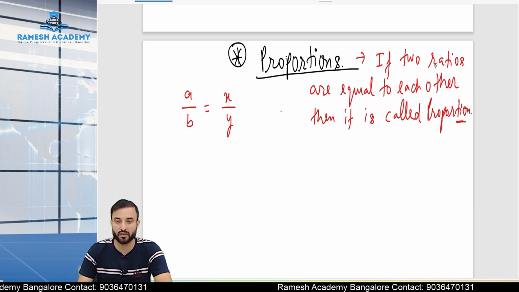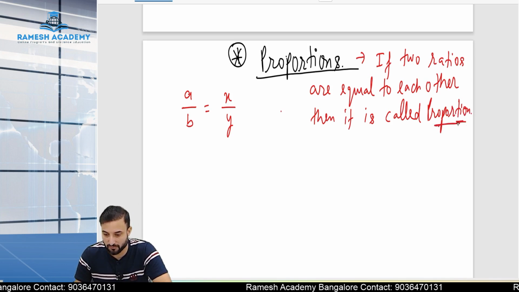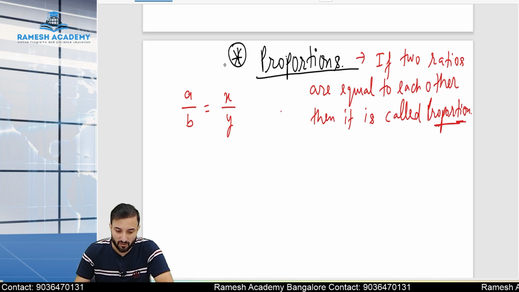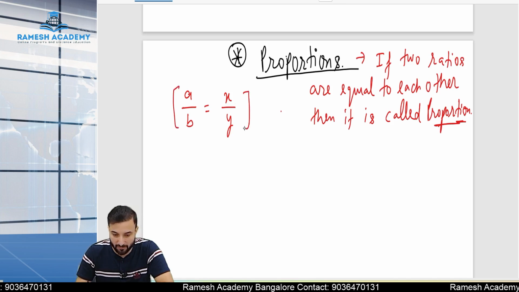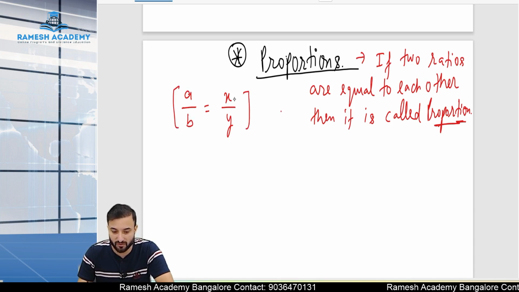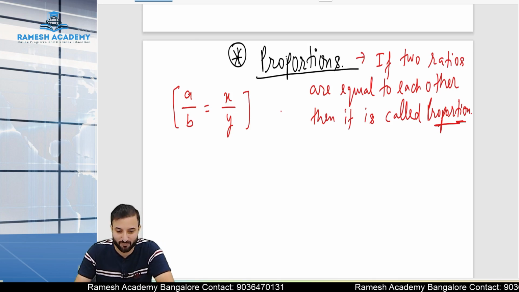If two ratios are equal to each other, then it is called proportion. Suppose this is a ratio A by B, and it is equal to another ratio X by Y; that is called proportion. So A by B is one ratio, which is equal to X by Y, another ratio.